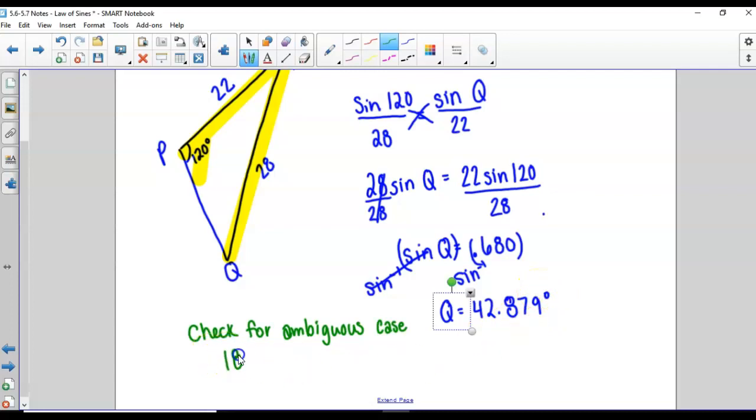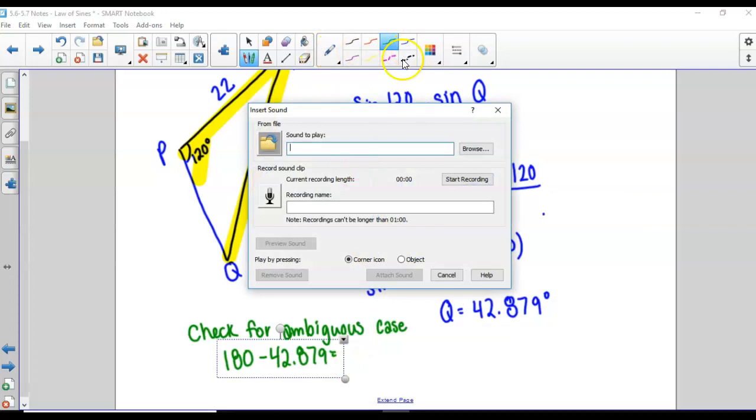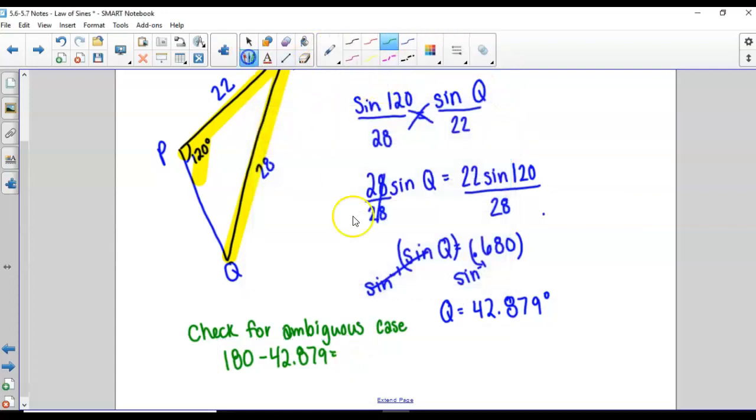So if we do 180 minus 42.879, that's going to give us 137.121. Now it is possible that maybe Q could be 42.879 or 137.121.